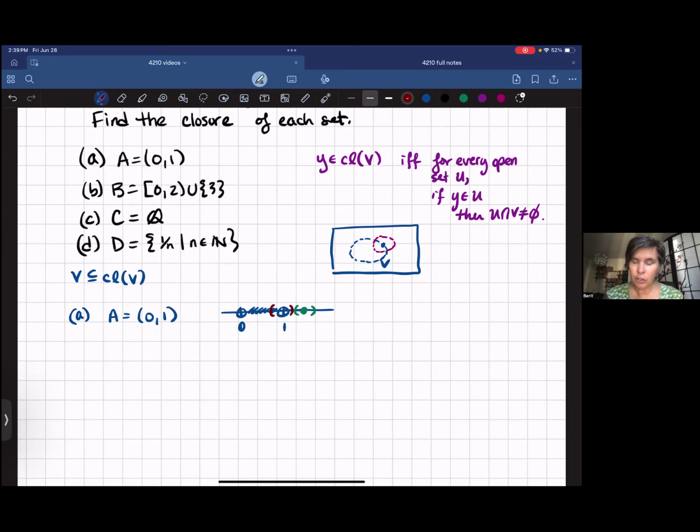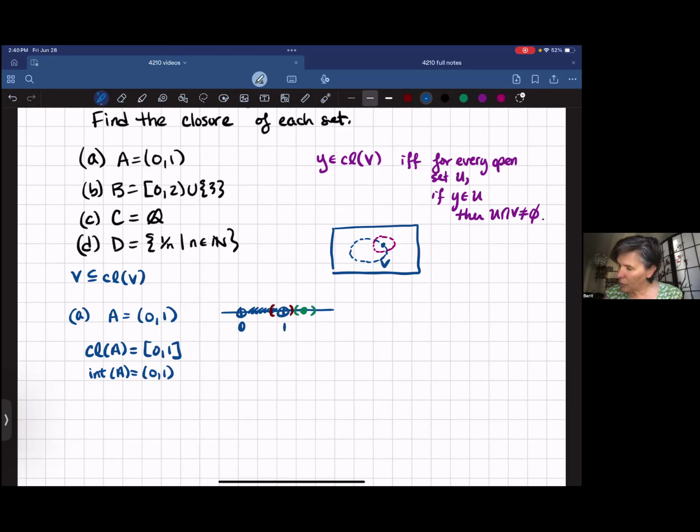Similarly, you could show that 0 is in the closure, and points less than 0 are not in the closure. And so the closure of A, it's the original A, but added in the 2 endpoints. So it's [0, 1]. Okay? And let's just remember from an earlier video that the interior of A is (0, 1).